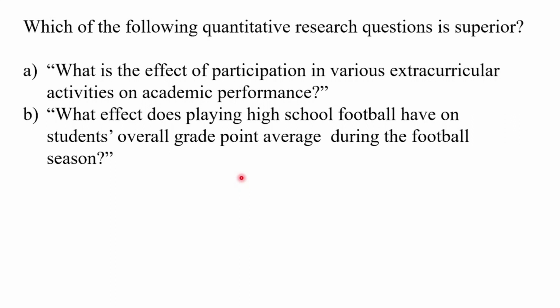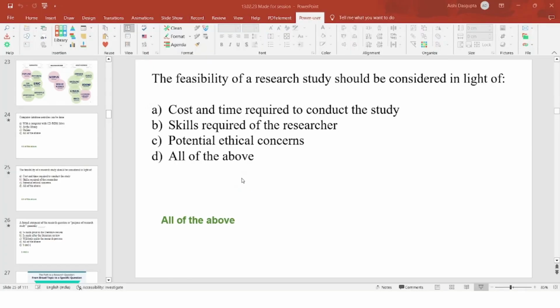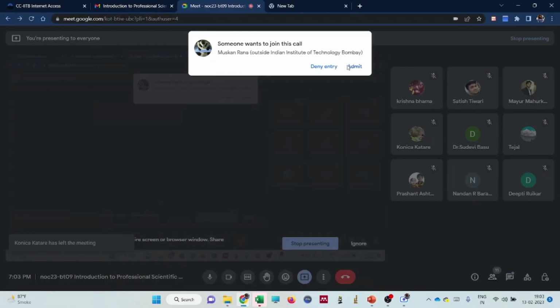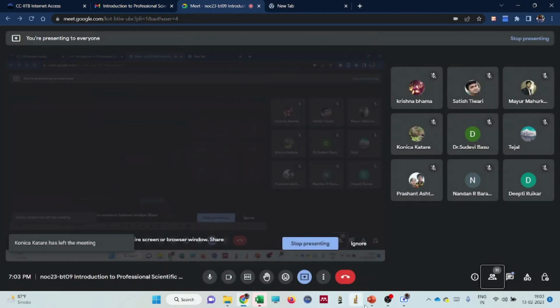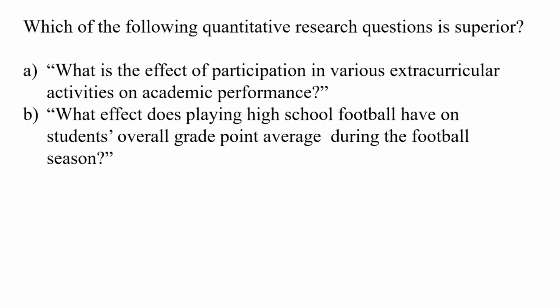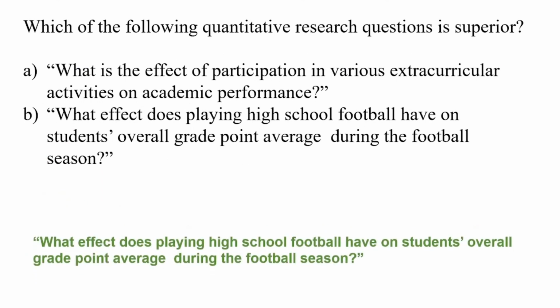So, since the question is about quantitative research, B is much more specific. It actually talks about which extracurricular activity you are focusing on. It talks about high school football. So you have a clear idea of the extracurricular activity that he or she is asking about, and the overall grade point average is mentioned. So what effect does playing football have on students?